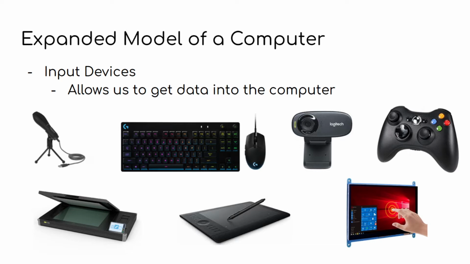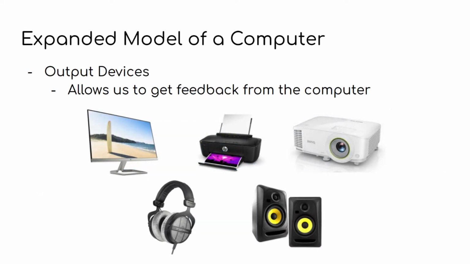So that's input devices. In the same way, we have output devices, devices that display some data from the computer. Some examples would be the monitor that we're looking at right now to watch this video. That's outputting information from the computer. Printers output documents from wherever we want to print from.